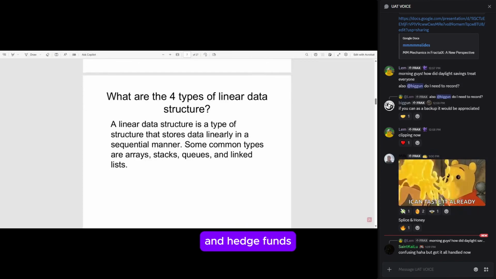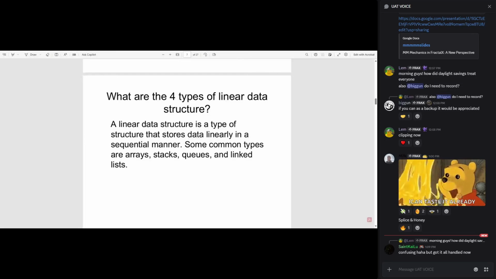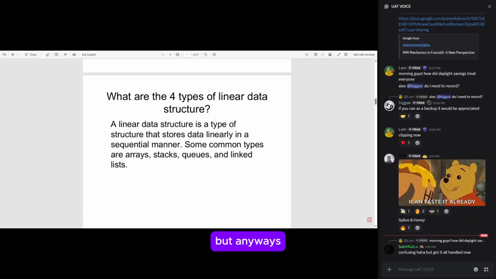Usually most shops are writing their own software. They're not using retail stuff. It's like the stuff we're doing; that's the kind of stuff they'll be doing. But on the linear side, it's a sequential manner, and it tends to be in an array, stack, or queue, linked list. And that's not how we represented the data.